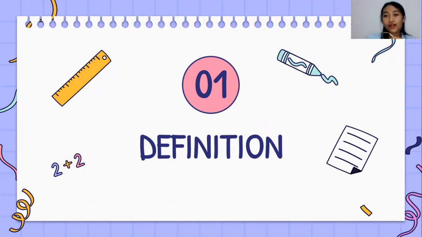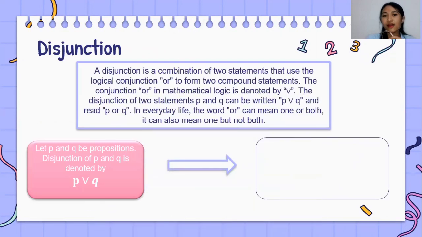First, I will explain the definition of disjunction. A disjunction is a combination of two statements that use the logical connective "or" to form a compound statement. The connective "or" in mathematical logic is denoted by this symbol. The disjunction of two statements P and Q can be written like this, and read "P or Q".